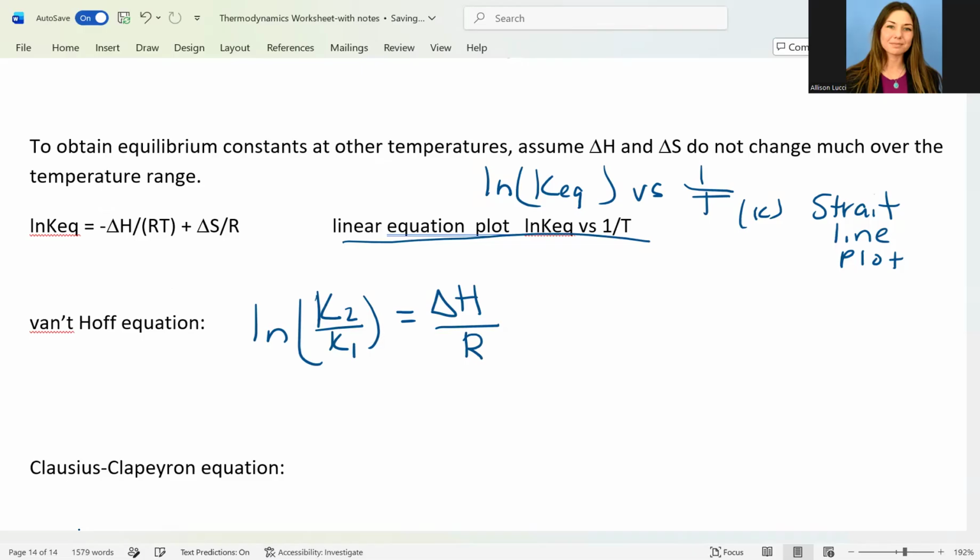We can divide that by R, that same gas law constant. And then in this form, we'll have 1 over T1, the first temperature that goes with the first K value, minus 1 over T2, which will go with that corresponding K value. So this again is called the van 't Hoff equation.